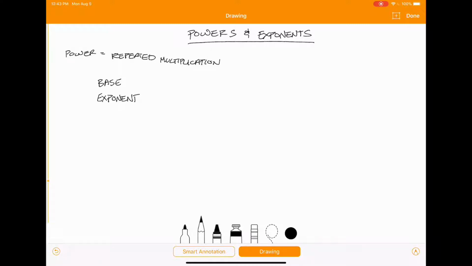So for example, if we had a repeated multiplication, let's say 3 times 3 times 3. So repeated multiplication of the same factor. So your base is going to be your 3 and your exponent is going to be the number of times it's multiplied.